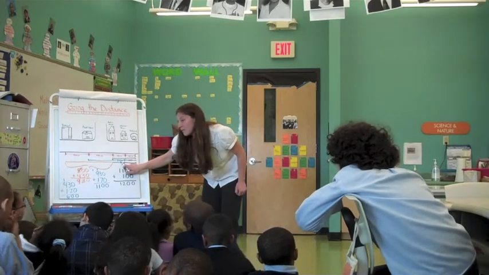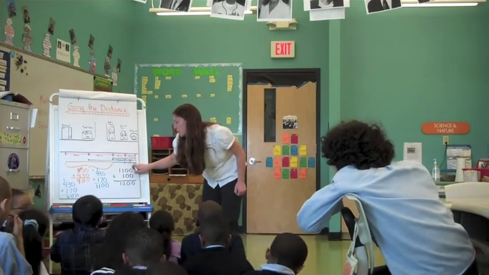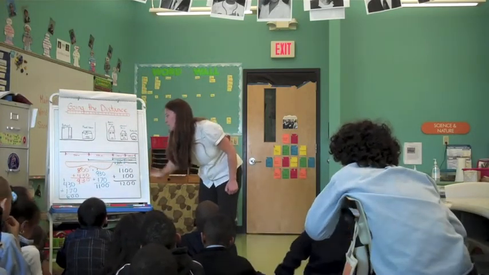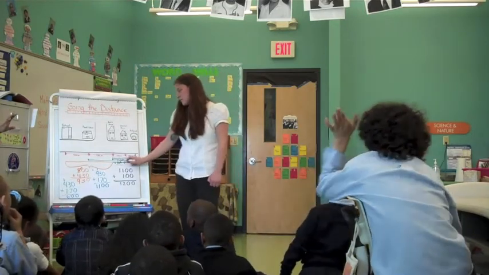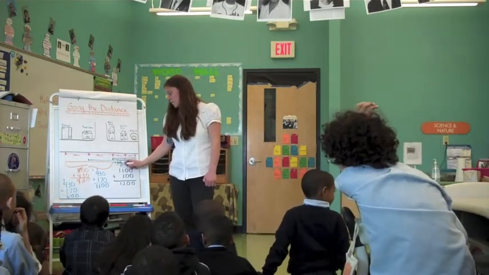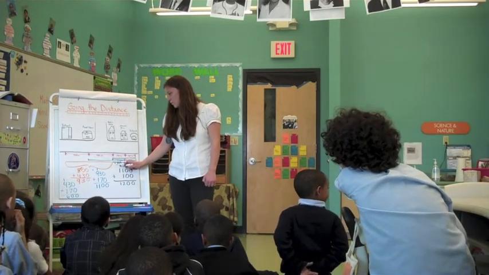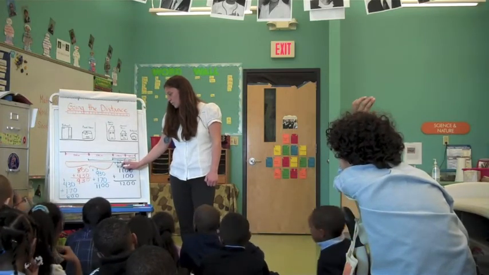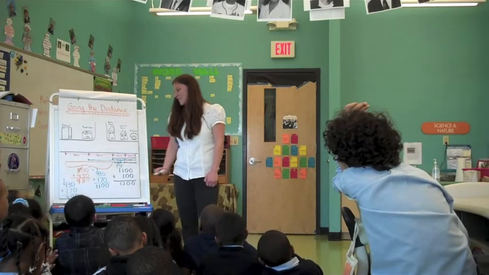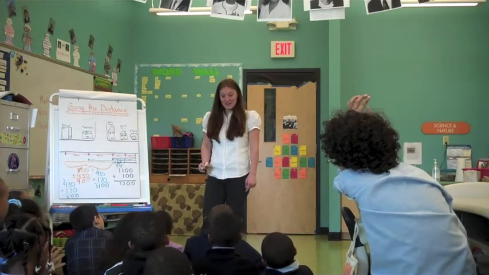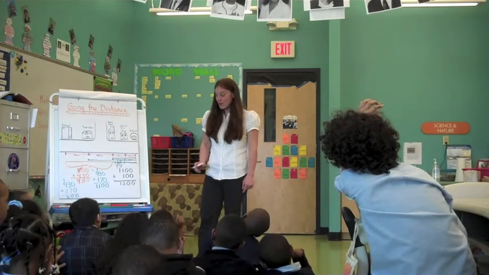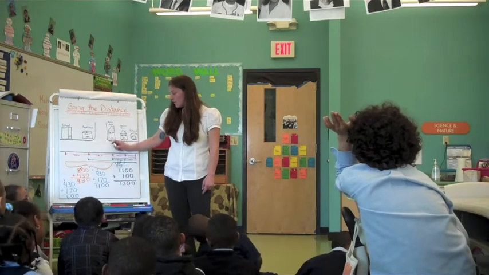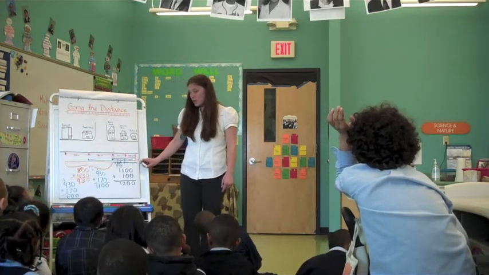What number is that? 170 plus 100 equals how much? How much is this? Isn't that the key number I've been saying, 270. So it took me 270 meters from Alex's house to the ballpark.